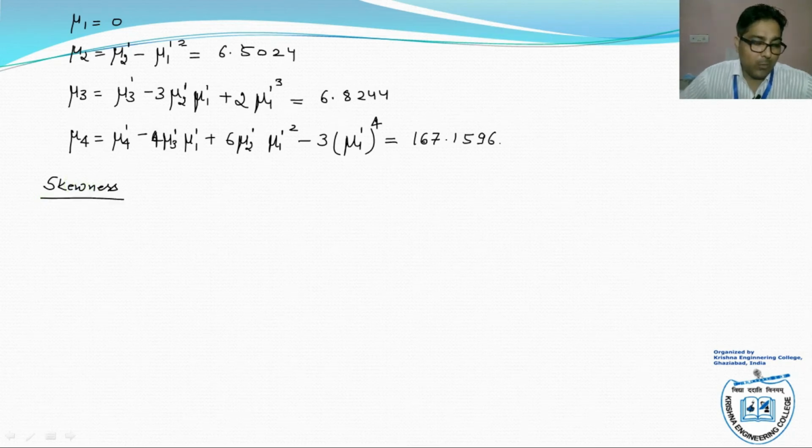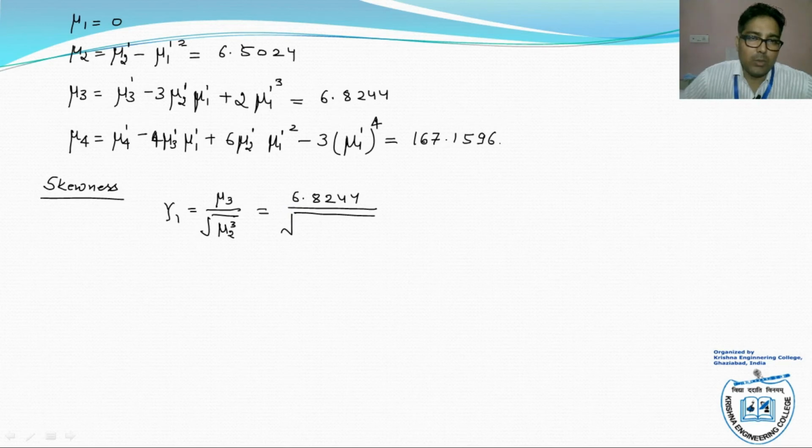The coefficient of skewness is given by gamma is equal to mu 3 upon under root mu 2 cube. Now put this value, mu 3 is 6.8244 upon the value of mu 2 cube.